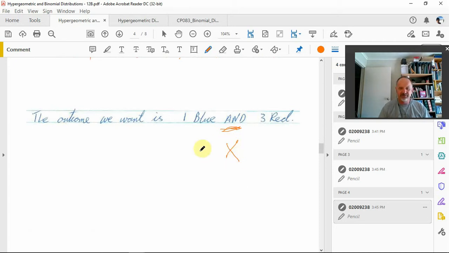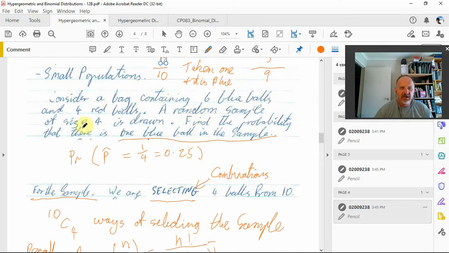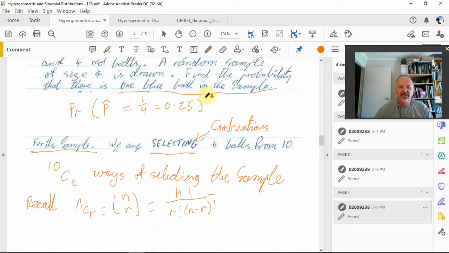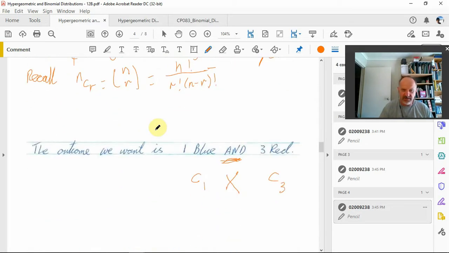We're selecting 1 blue ball and 3 red balls, so we've got to think about what we're selecting them from. How many blue balls were there? 6. So that's 6C1. And there are 4 red, and if we've got 1 blue, then the other 3 have got to be red.